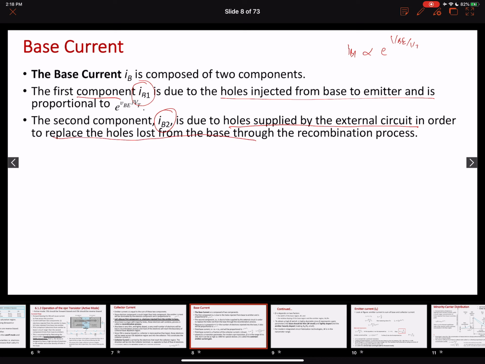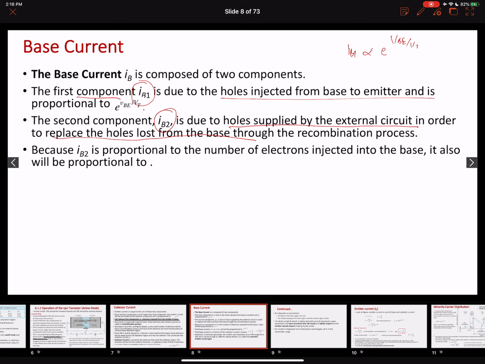Since the number of electrons lost in recombination depends on the number injected into the base, the same number of holes drawn from the external circuit also depends on the same biasing voltage, VBE.